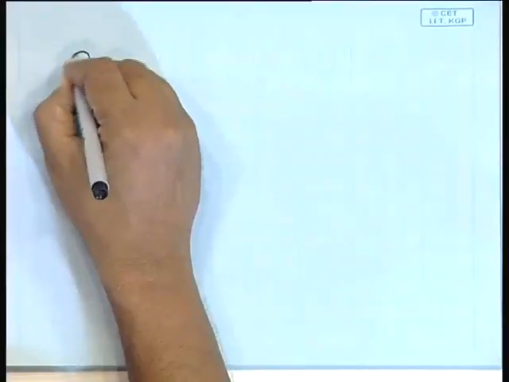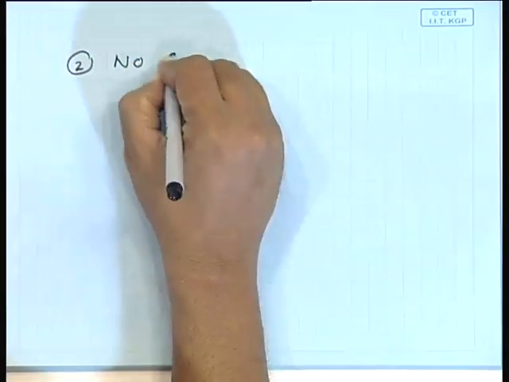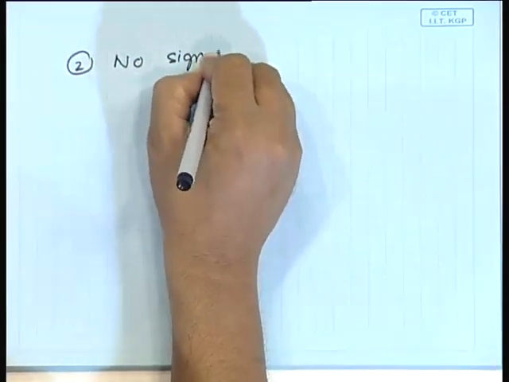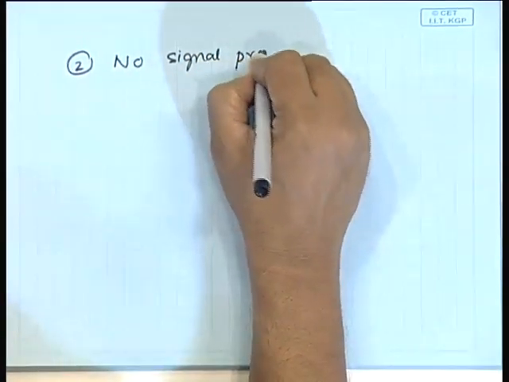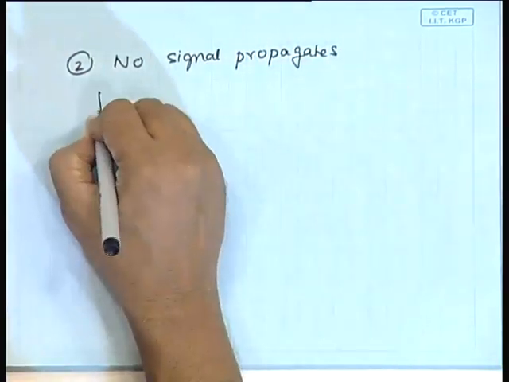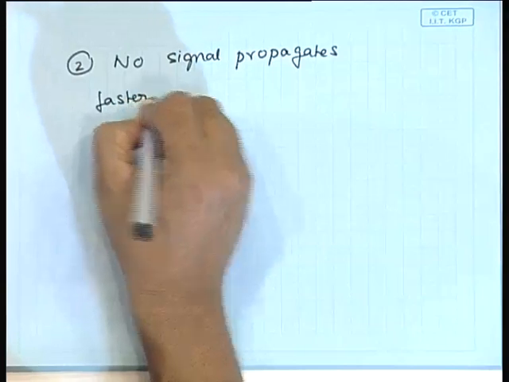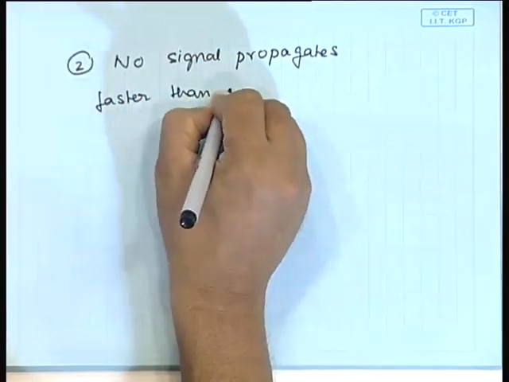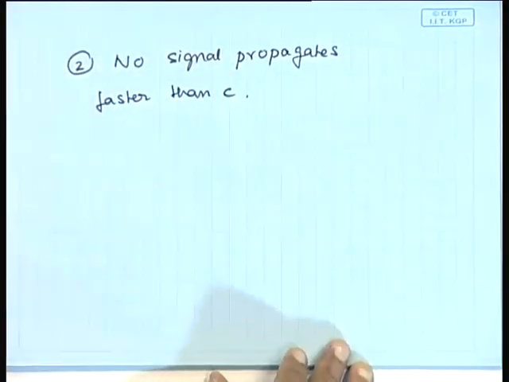The second point is no signal. Einstein's special theory of relativity is based on the assumption that no signal propagates faster than c, than the speed of light in vacuum.